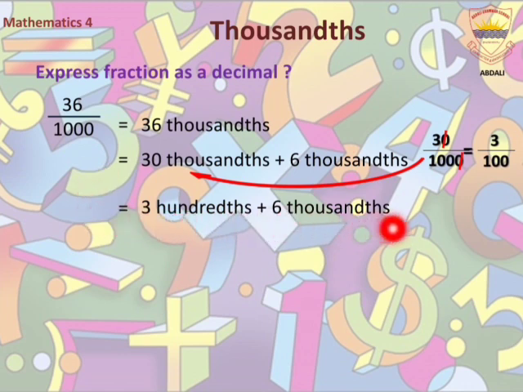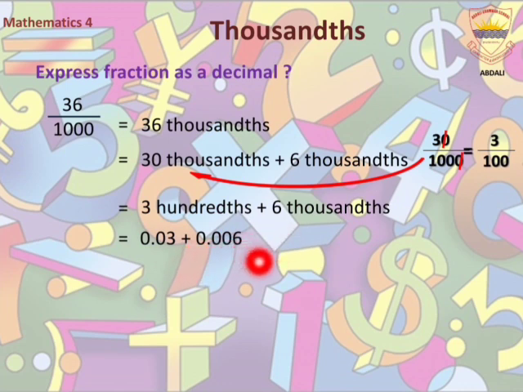Now students, after we write it with its place value, we write it with its digit value. The digit value of 3 hundredths is 0.03, and the digit value of 6 thousandths is 0.006.